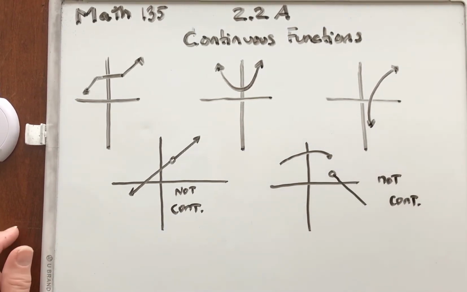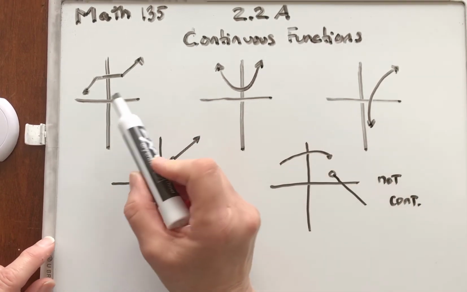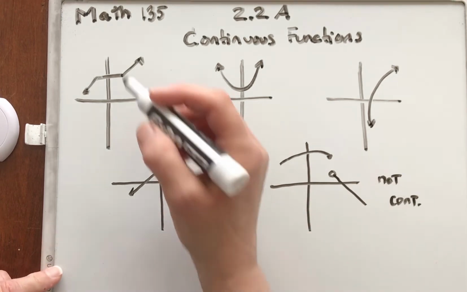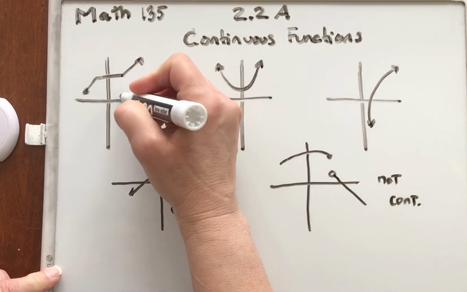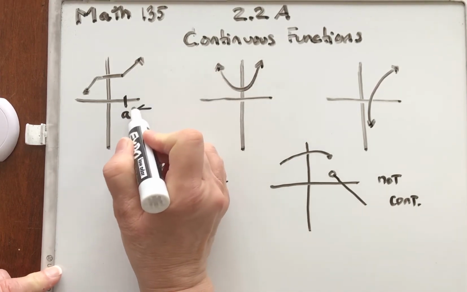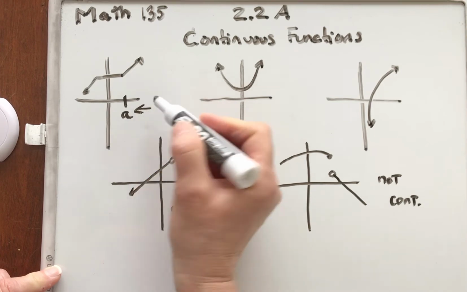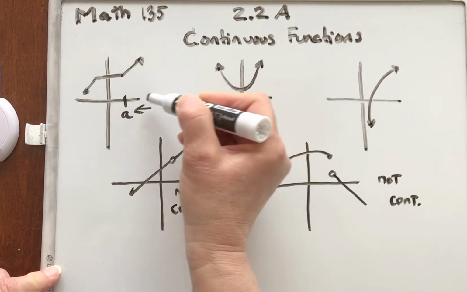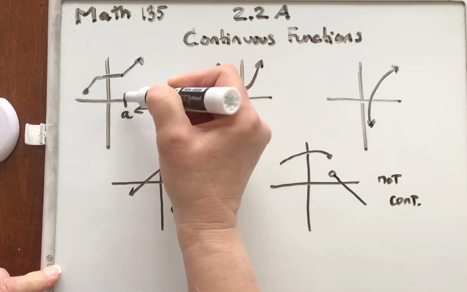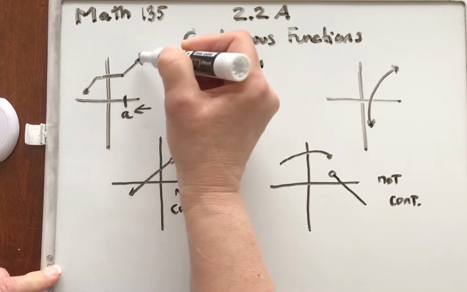All right, now what's cool about continuous functions is the limit will always exist at continuous functions. Now let's see why that is. Let's just put a point right here. I'm going to call this point A. Coming from the right, where x is getting smaller and smaller towards A, we can see that we're going here and then here and then here, and we're going up to this point.